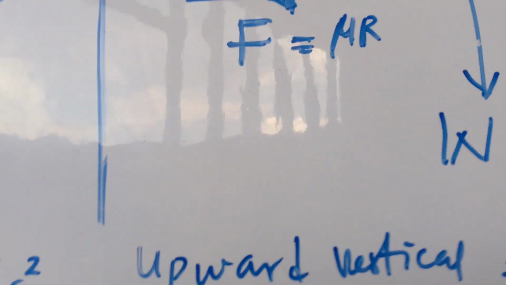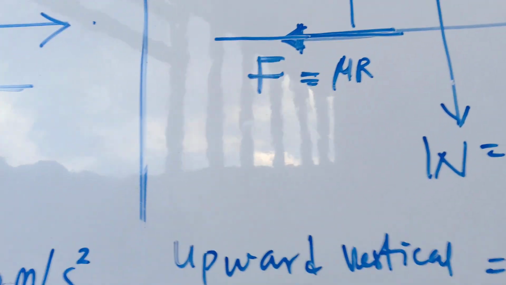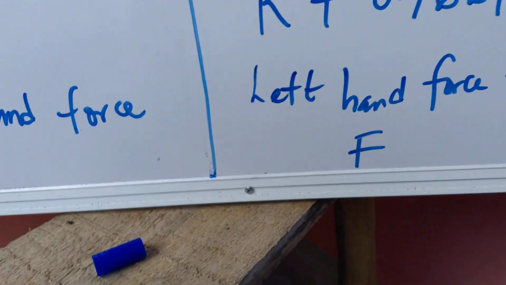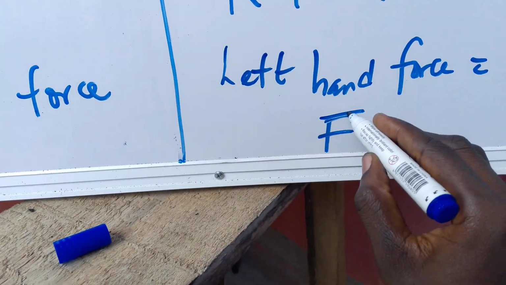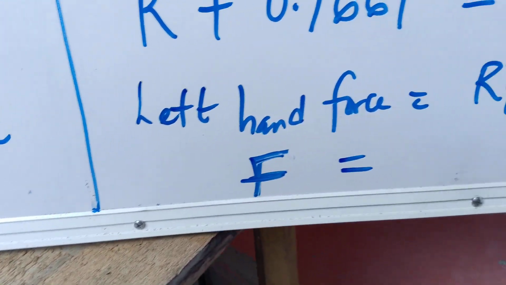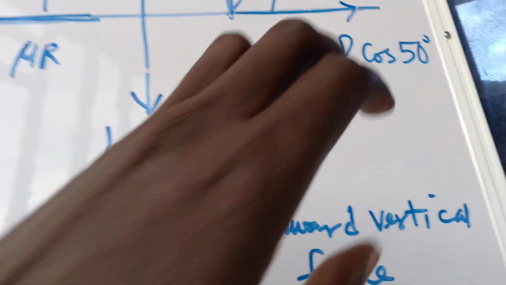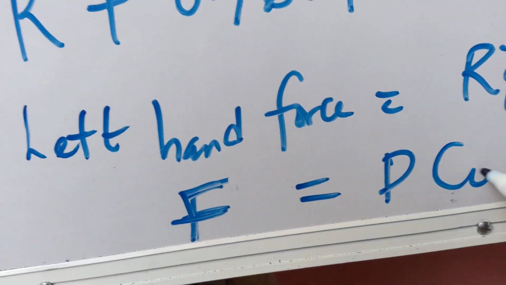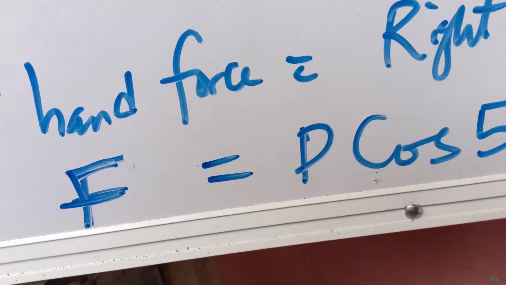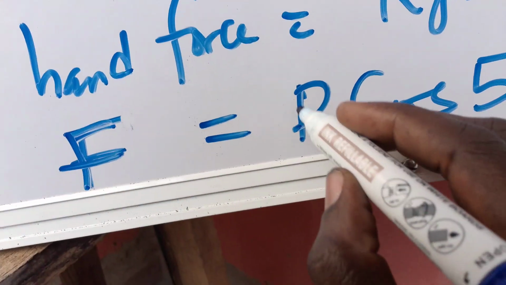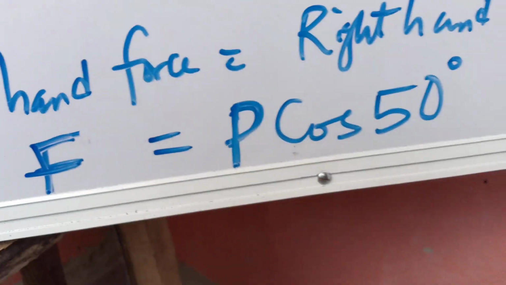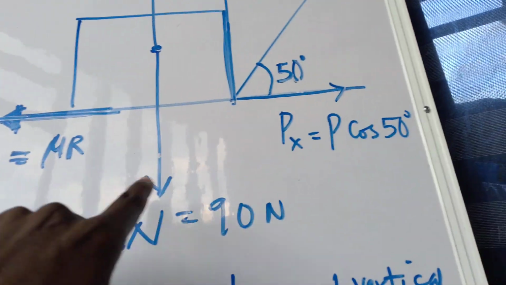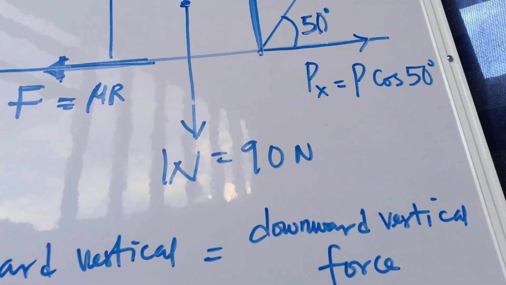The left hand force, which is F, is equal to the right hand force, which is P cos 50 degrees.